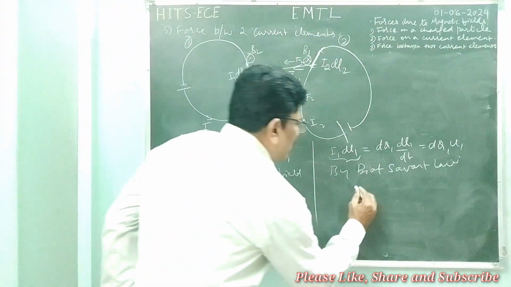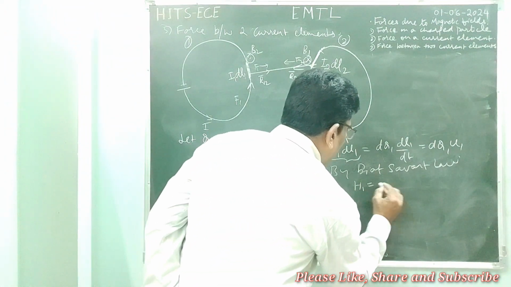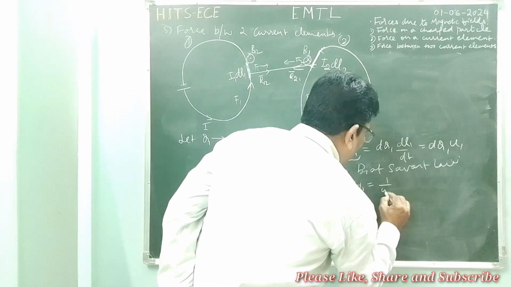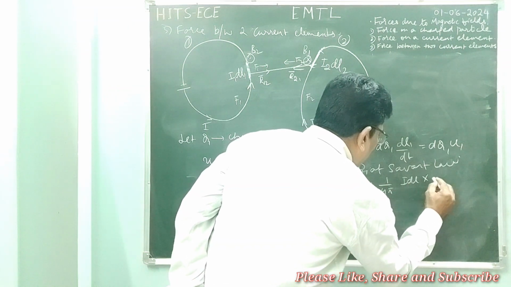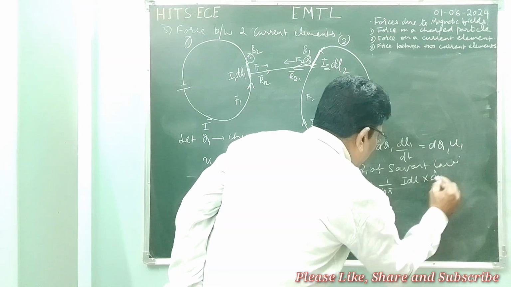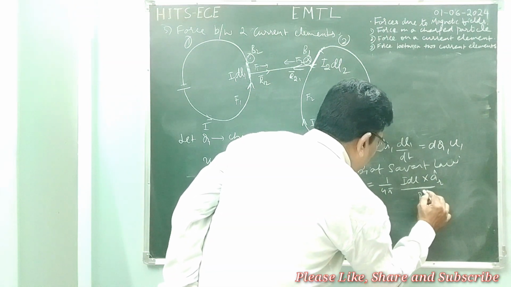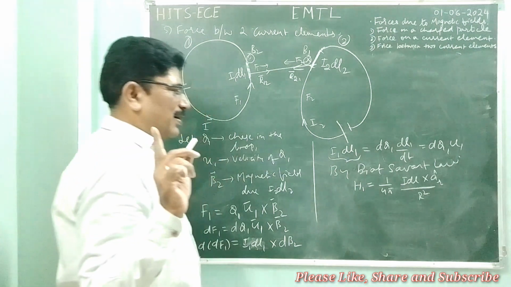So that is H1 is equal to 1 by 4 pi, the constant, into I dL cross aR cap by R square. This is the derivation we have seen in the Biot-Savart law.